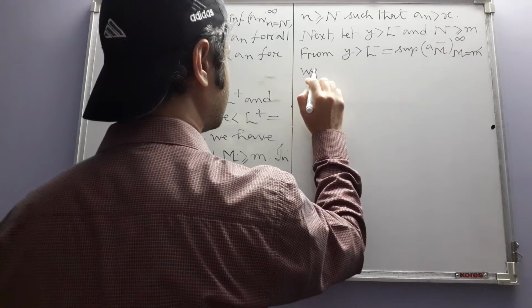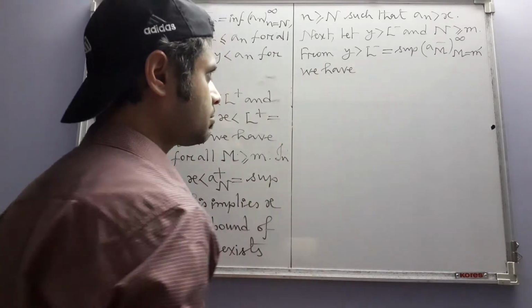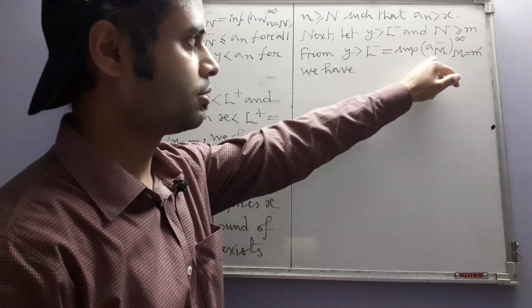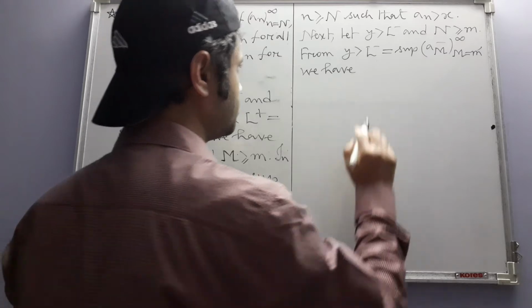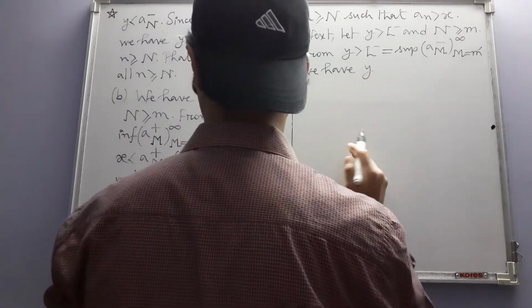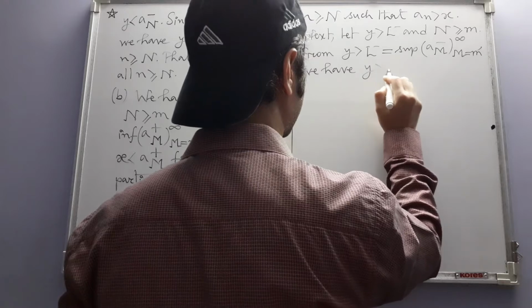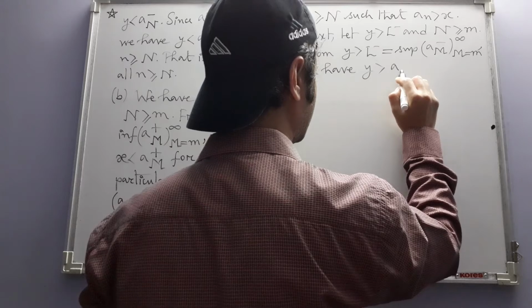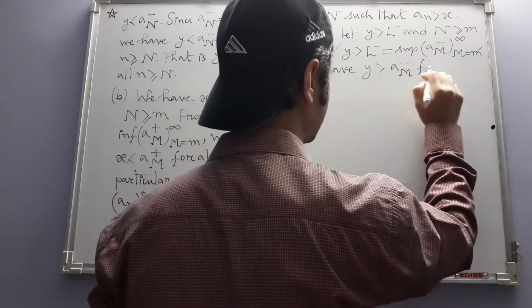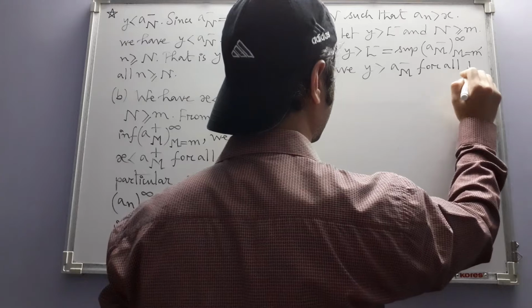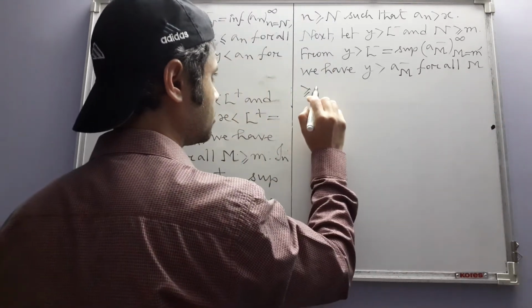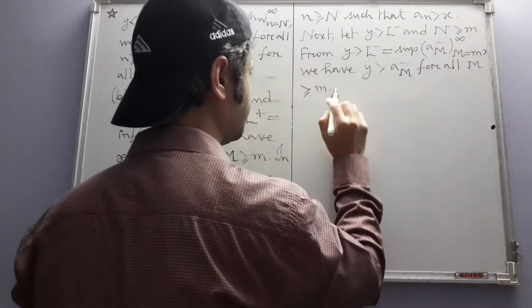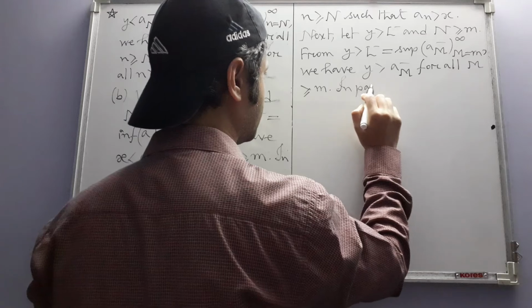That means it will be greater than or equal to all the terms of the sequence. So correspondingly y is also greater than a_n minus for all n greater than or equal to m.